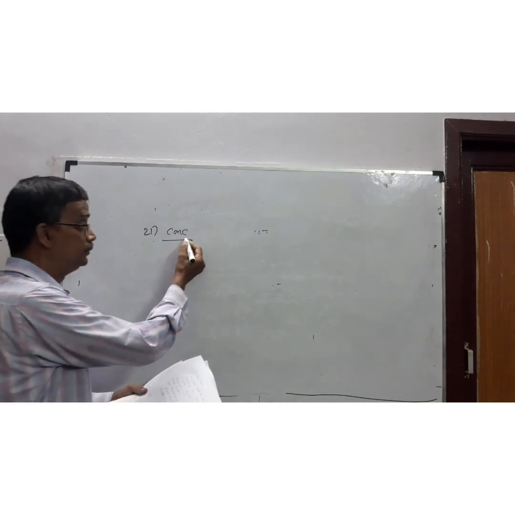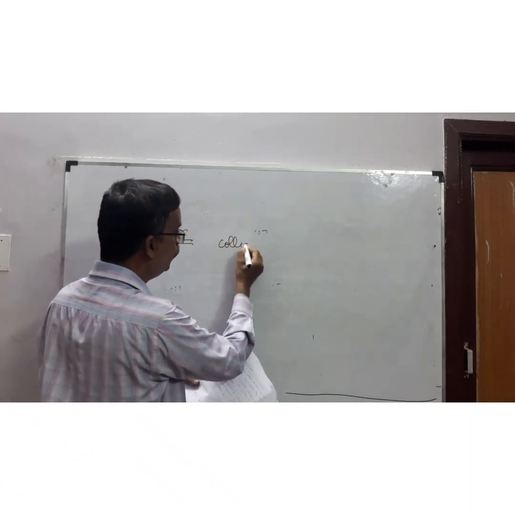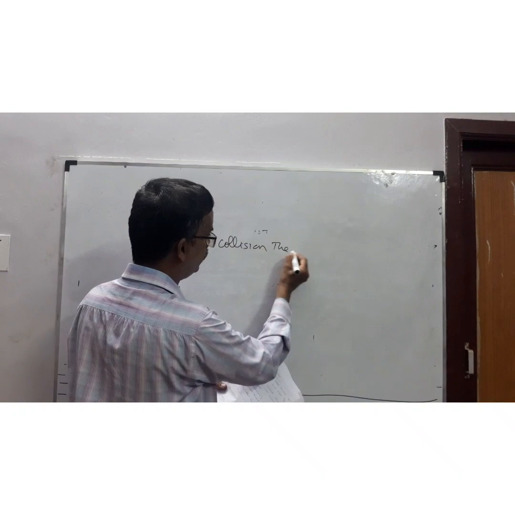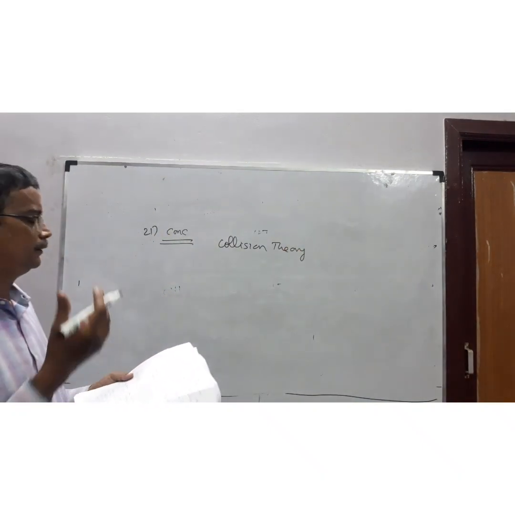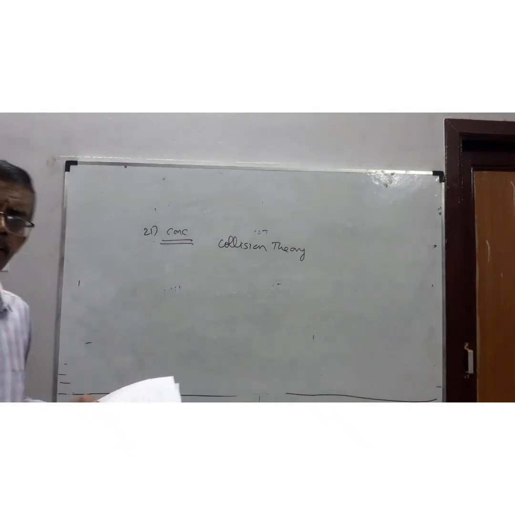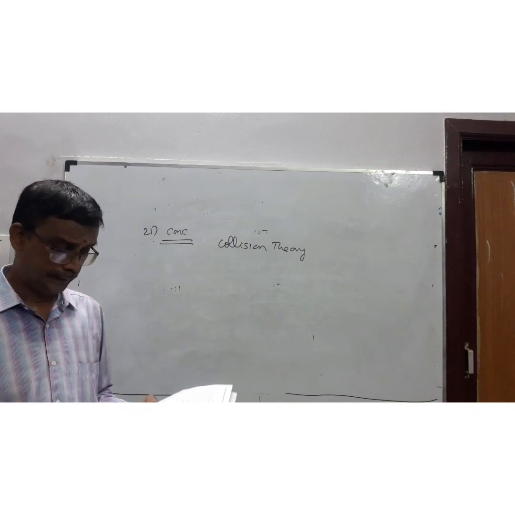This is explained on the basis of collision theory. Once again, the rate of the reaction increases when the concentration of the reactant increases. This is explained on the basis of the collision theory.